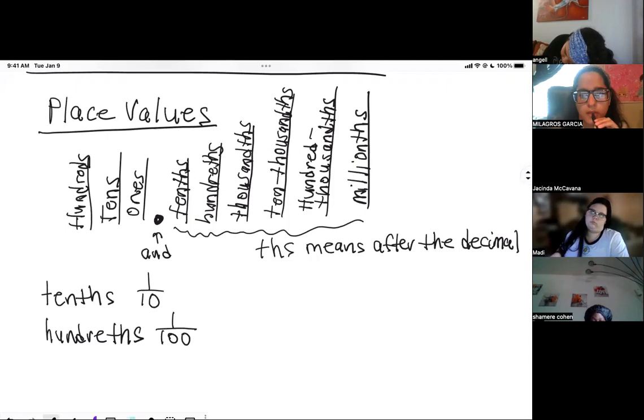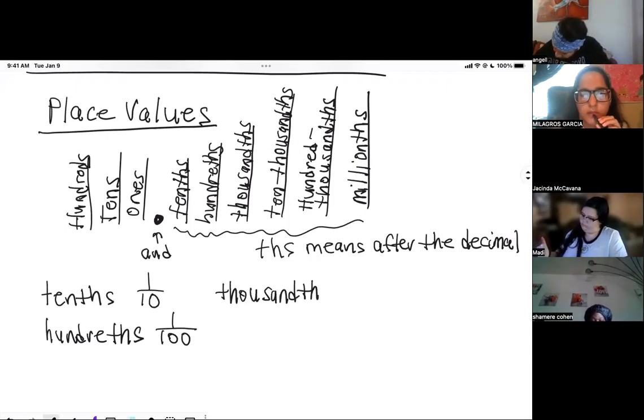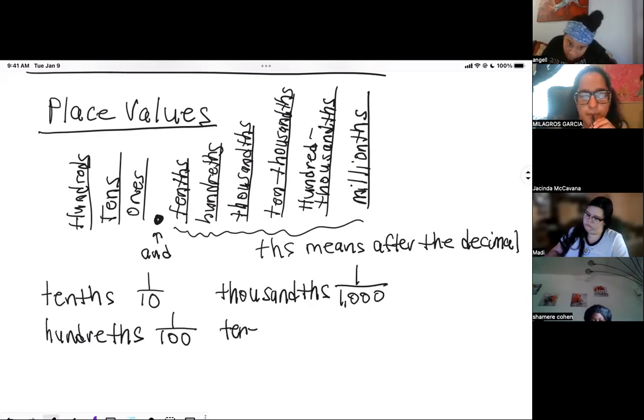If you see thousandths, that would be 1,000 reciprocated, 1/1000. 10,000ths, that'd be 1/10,000.